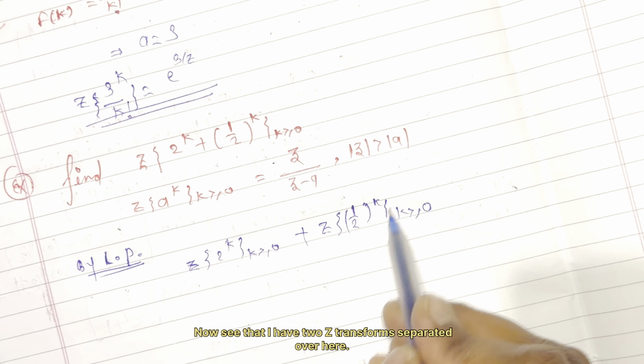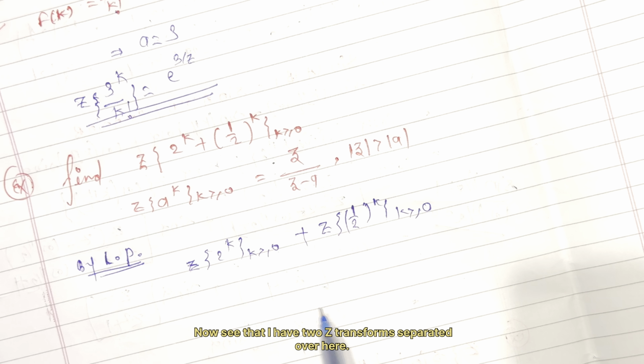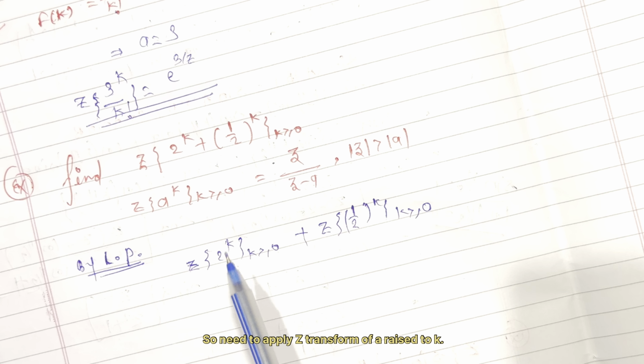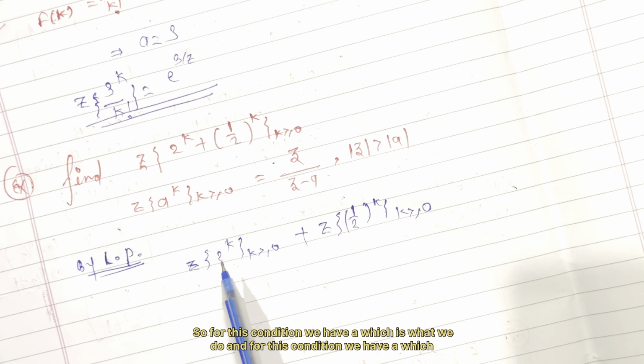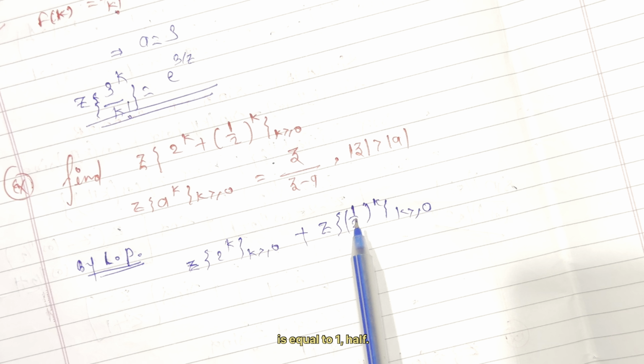Now see that I have two Z transforms separated over here. We need to apply the Z transform of a raised to k. For the first we have a equal to 2, and for the second we have a equal to 1/2.